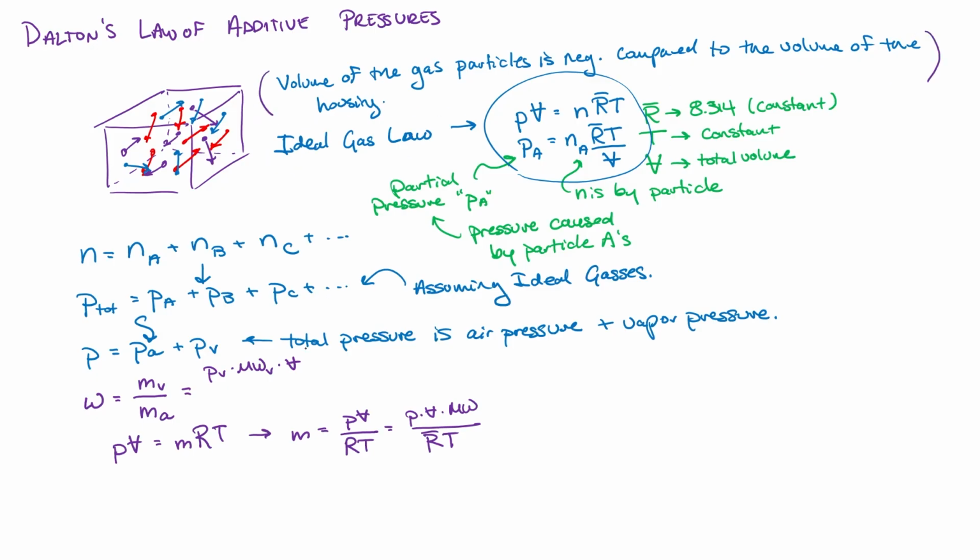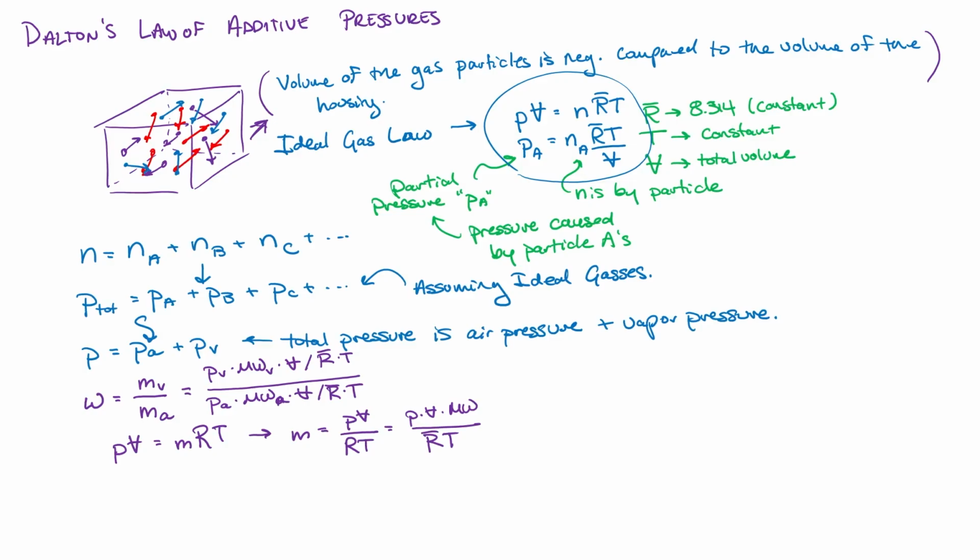We're saying this volume of the gas particles is negligible compared to the volume of the housing. So we're just using that total volume of the housing divided by our R bar times our T. And then on the bottom here, we have our pressure of the air times the molecular weight of air, lowercase a, times our volume. Again, we're just using a single volume because of what we said in Dalton's laws, divided by our R bar times our T.